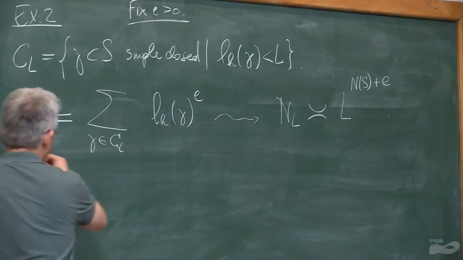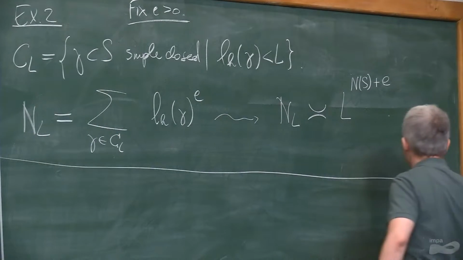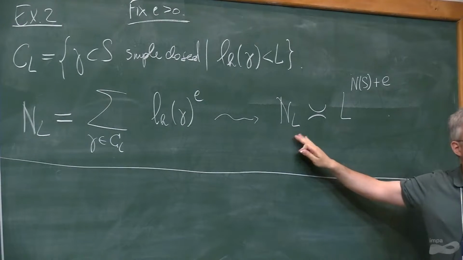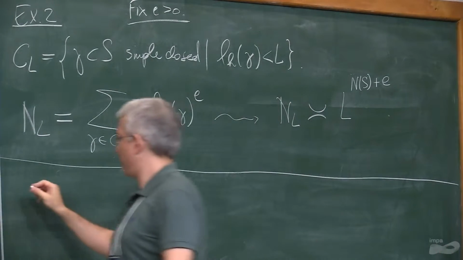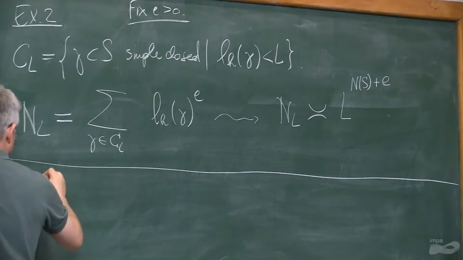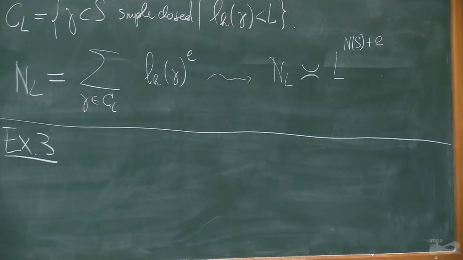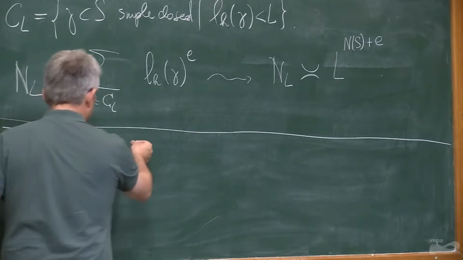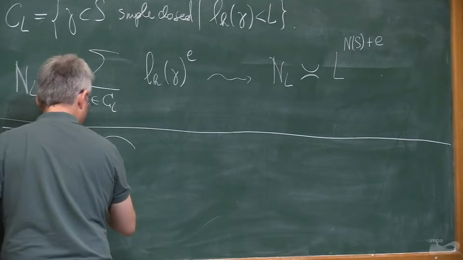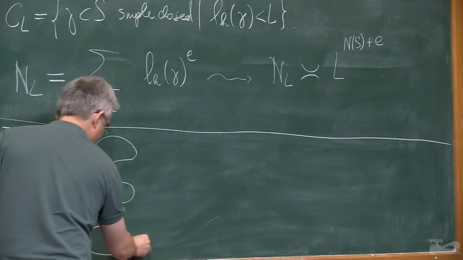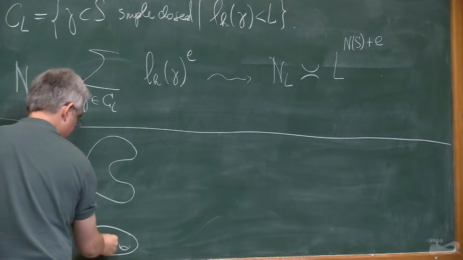Okay, last example, example 3. So this is, in some sense, not radically different from example 1a. This is a bit different now. Okay, so to illustrate example 3, let's take a cover of S, a finite cover. I'm drawing one which is not the one I'm interested in, but this one I can draw.